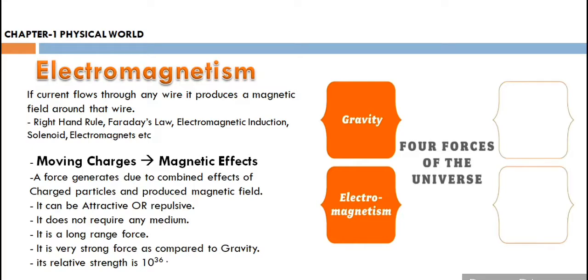In that we studied how a very common observation of a scientist H.C. Ørsted became a very famous branch of physics that right now is known as electromagnetism. Now you studied that if current flows through any wire, it produces a magnetic field around that wire. Clear? So basically this whole field is related with the flow of charges and how they create a magnetic effect.